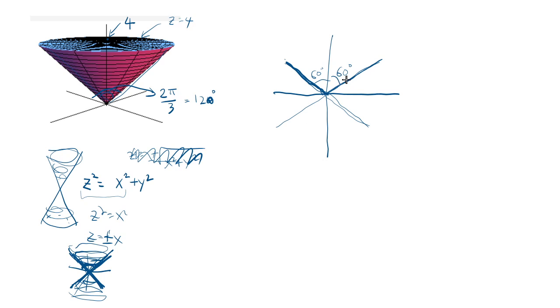Okay. All right, so you have 60 degrees here, and there's 30 degrees. And the question is, what is this line equation that would give you 30 degrees from the positive x-axis? If you know how, that would be great.